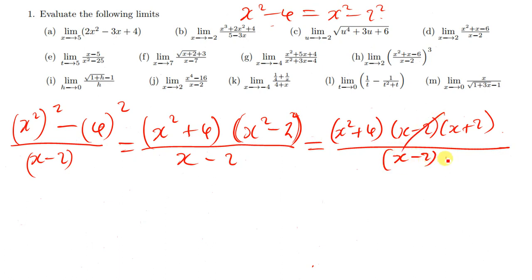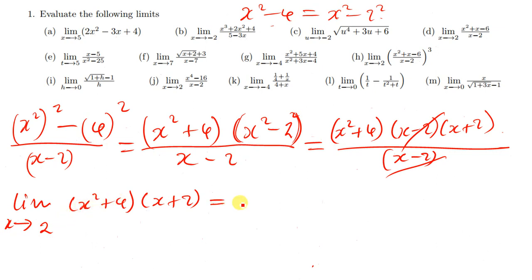So you can see that this and that will cancel. So this limit is just going to be the limit of x squared plus 4 multiplied by x plus 2 as x approaches what? 2. So meaning you just put 2 where there's x.